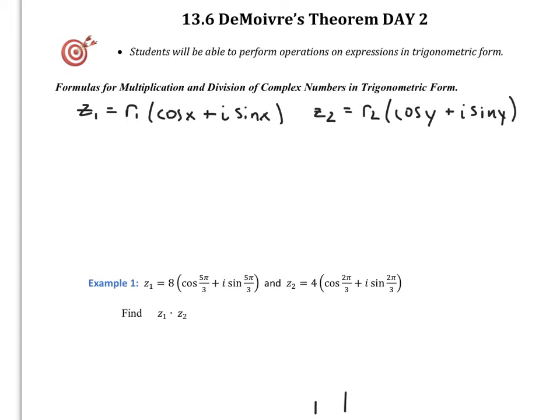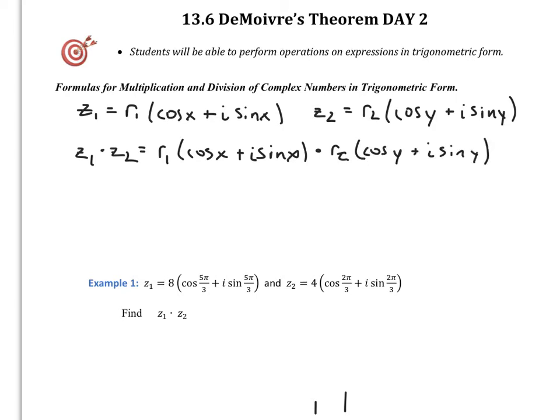All right, so I am going to multiply these. I'm going to do z1 times z2, which means I'm going to take this whole thing, r1 times cosine of x plus i sine of x, and multiply it by r2 times cosine of y plus i sine of y.